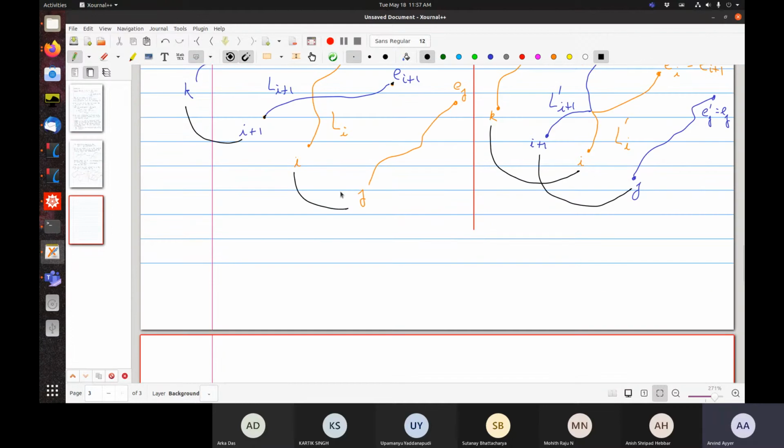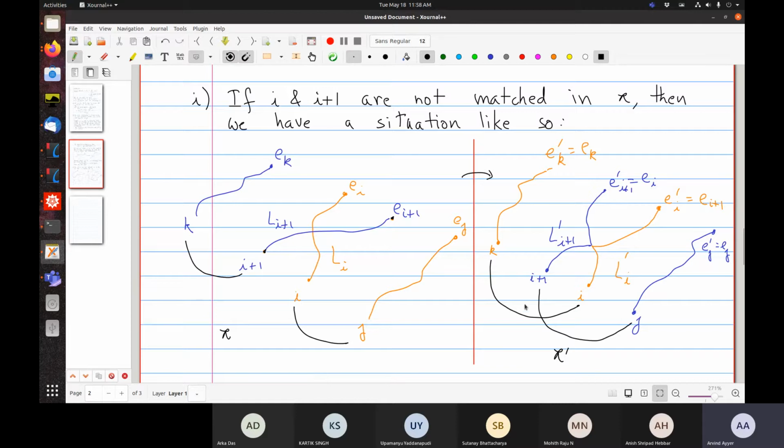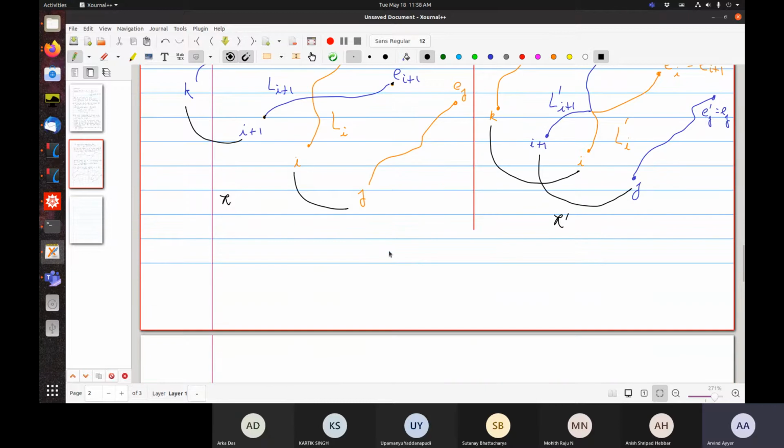So what happens to the number of crossings? Two things are happening. So this is pi, and this is pi prime. So pi has changed, and L has also changed. Li and Li prime have changed, right? So two things have happened.